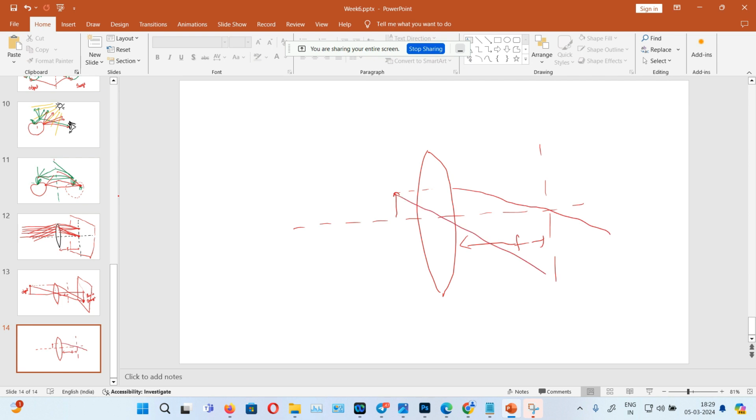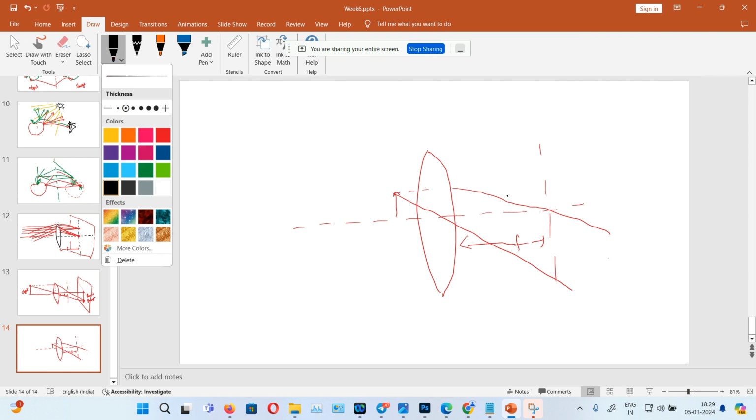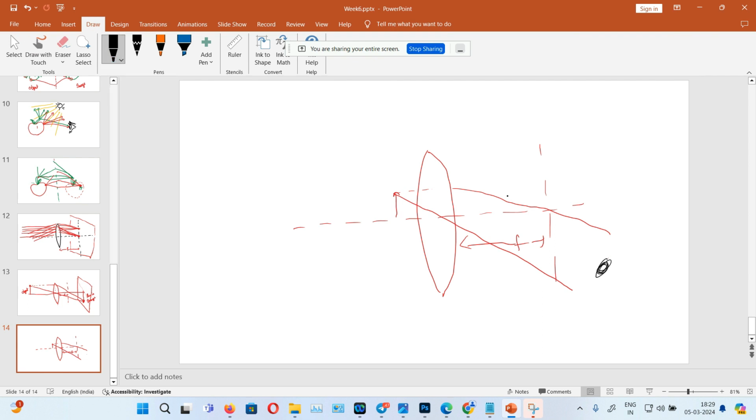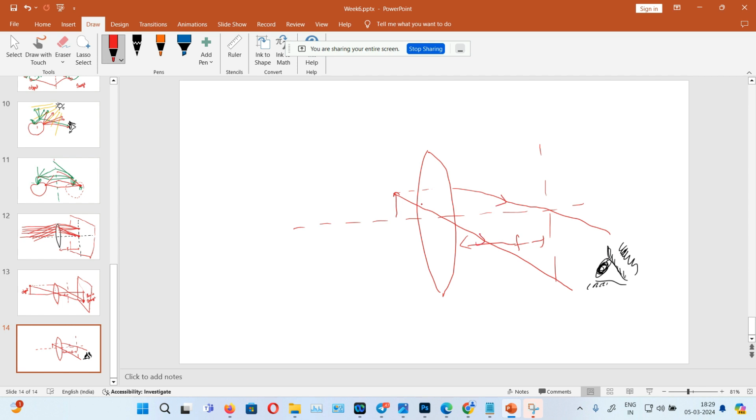If you see from this side, you will think that the light is coming from somewhere here.